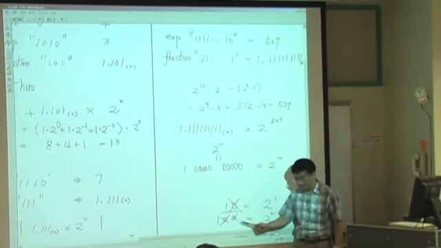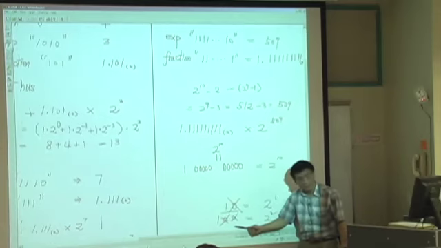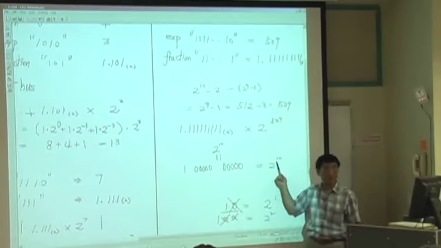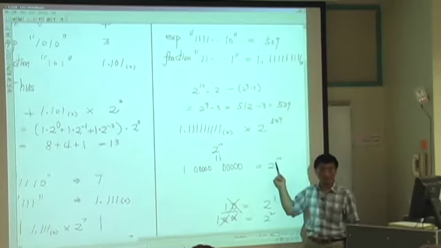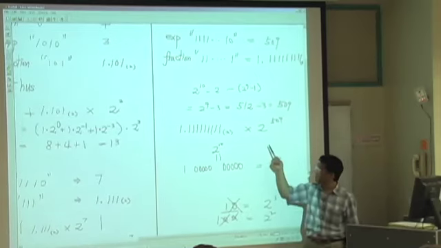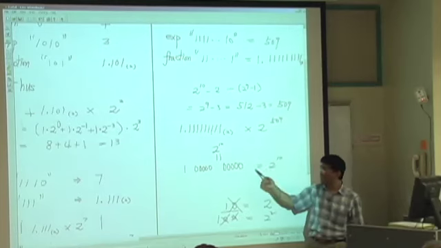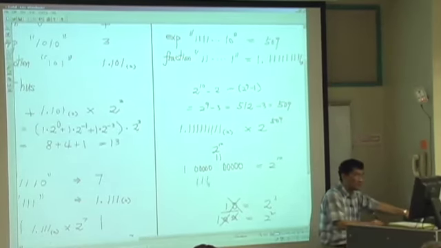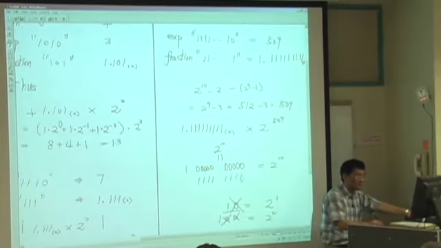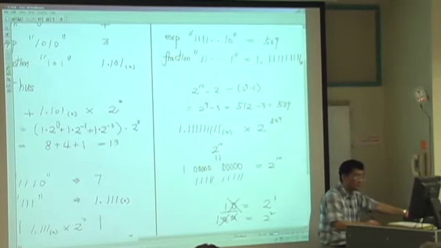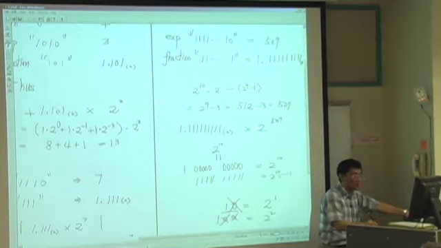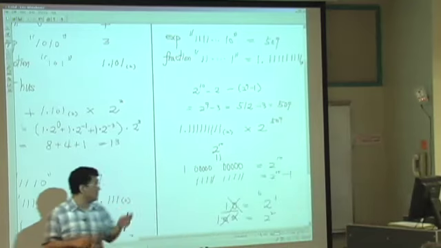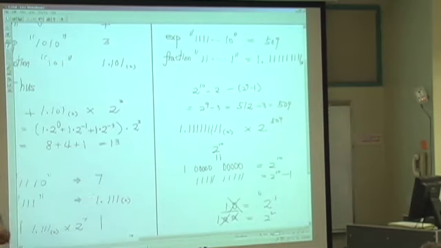When you have 2 zeros, it is power 2. When you have 3 zeros, then you have power 3. When you have 10 zeros, then it is power 10. If you don't understand, ask me. If you do, then I will continue. Then 1 less than this number is what? This number is 1 less than the previous number.